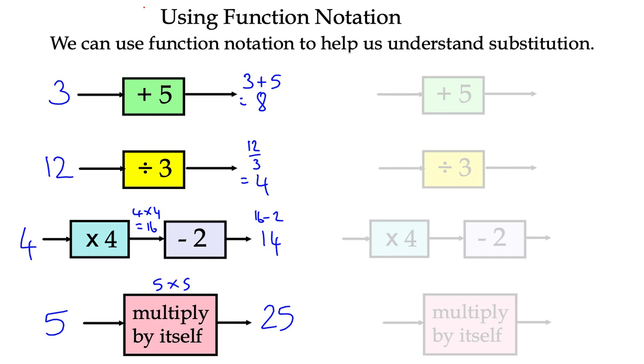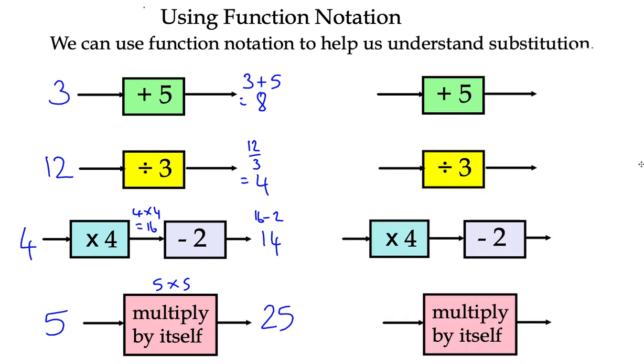Let's have a wee think briefly about what happens with the letters. So let's just put these back on again, and we know that if we put a letter in instead, we can't work out a numerical value. So what I'm going to do is stick in the letter A instead of 3.